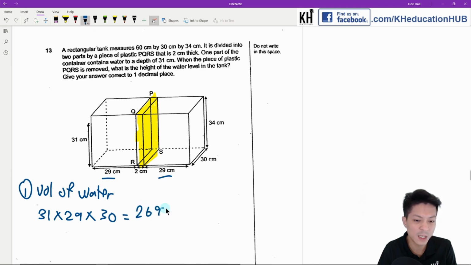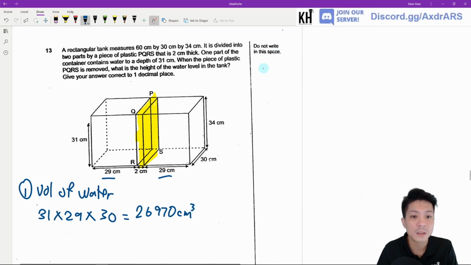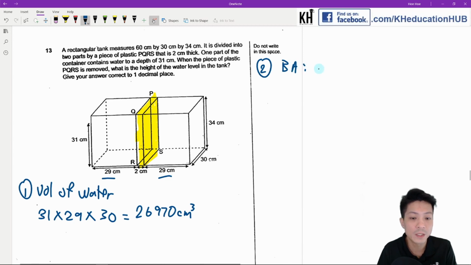Okay, 26970 cubic cm. In the second step, we're gonna find the base area of the whole tank. The base area of the whole tank would be 60 times 30.